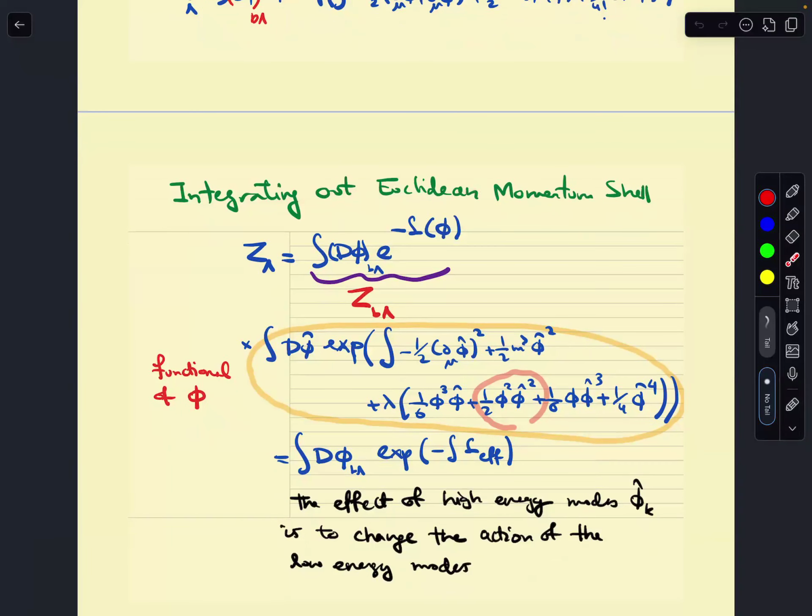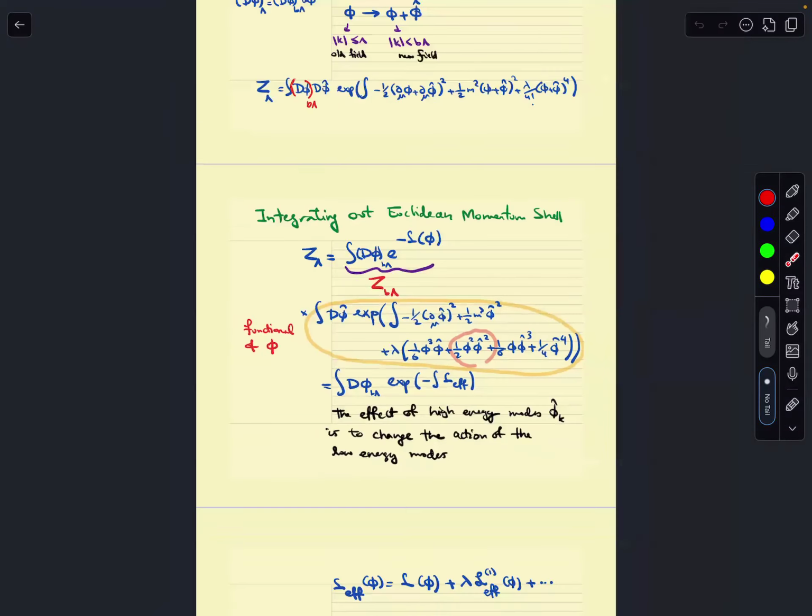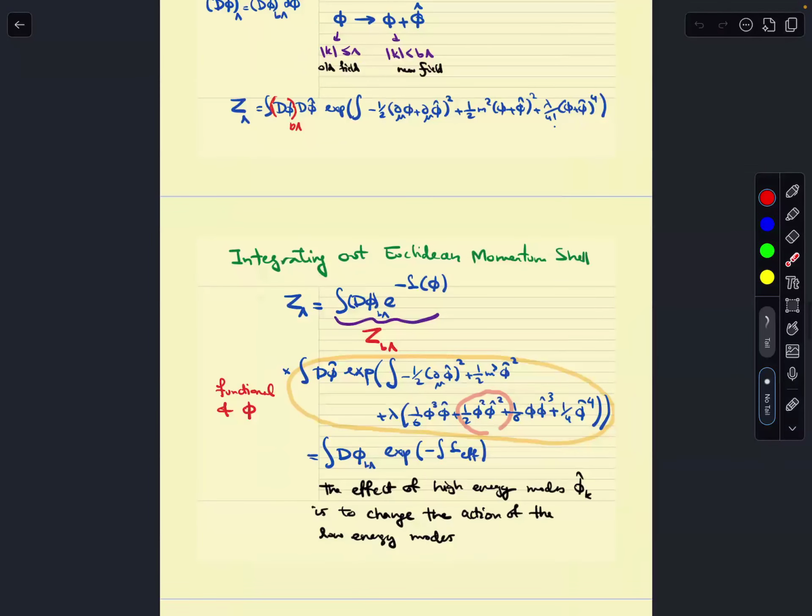As I said, this is integrating out a Euclidean momentum shell, right? Okay, so Z lambda, the theory with the old cutoff, becomes Z of b lambda, the theory with the new cutoff, multiplied by this thing. So what is this thing? This is the integral over phi hat.